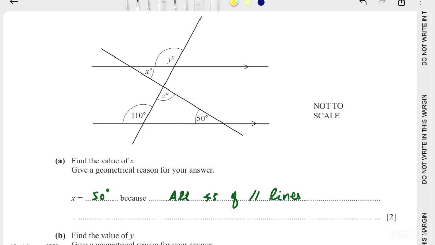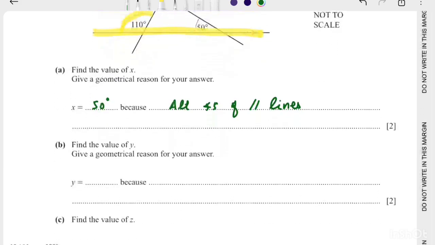This is a parallel line and this is a parallel line again, and angle y and angle 110, they are corresponding angles. So the answer will be 110, and they are corresponding angles.